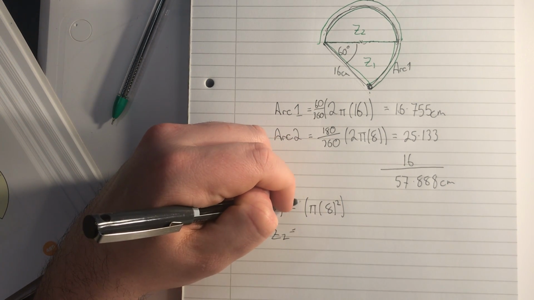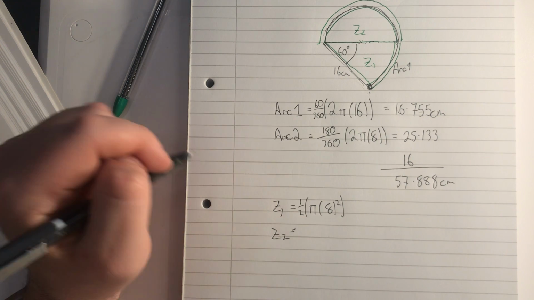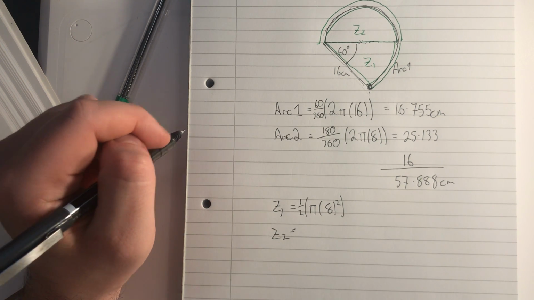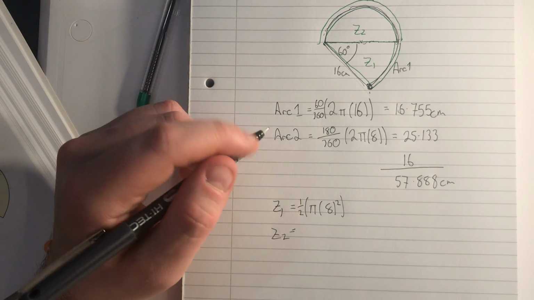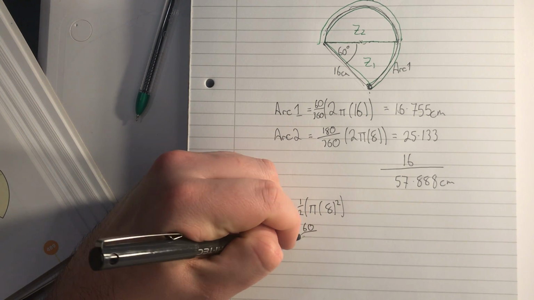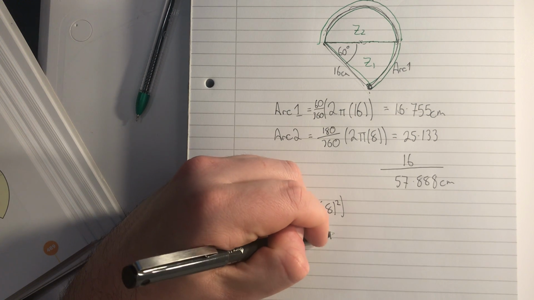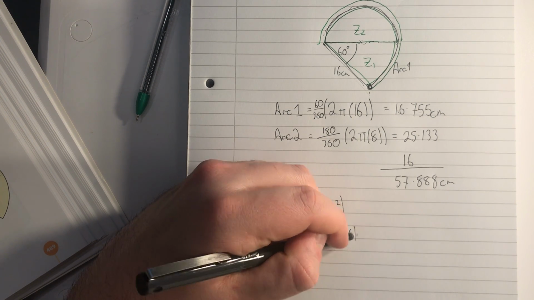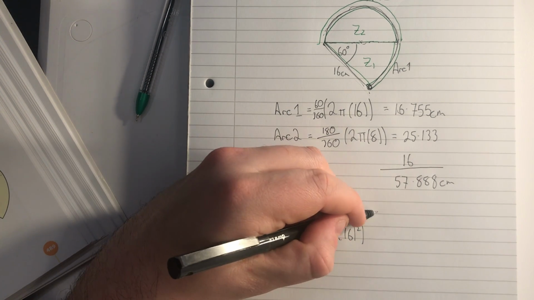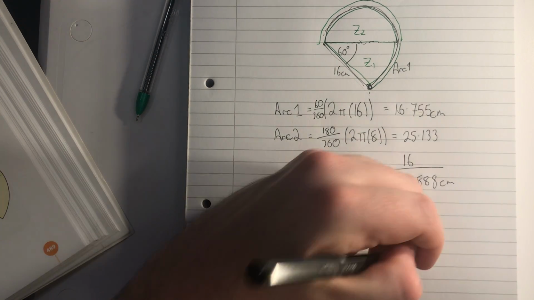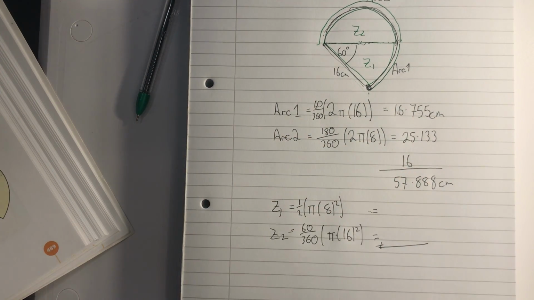We want a half of the circle, so it's going to be a half of that, or 180 over 360. Both of those are fine. Zone 2 is going to be 60 over 360, multiplied by pi by 16 squared. Whatever those two things are equal to, to find the total area we'll just add the two together.